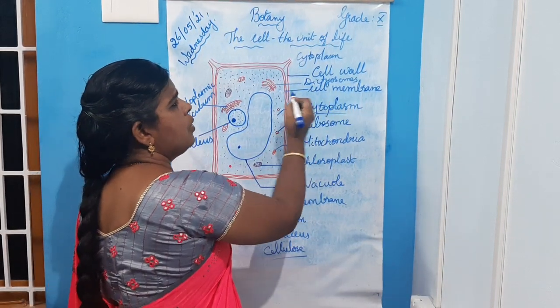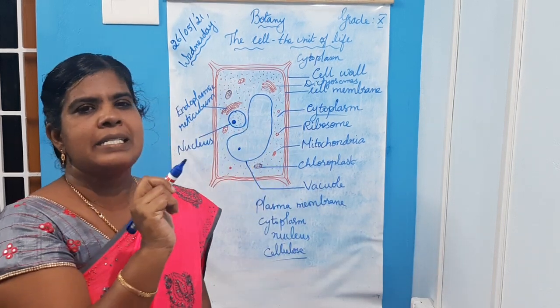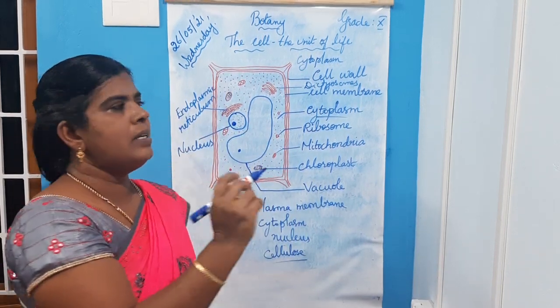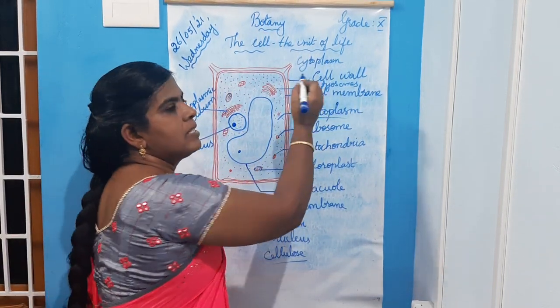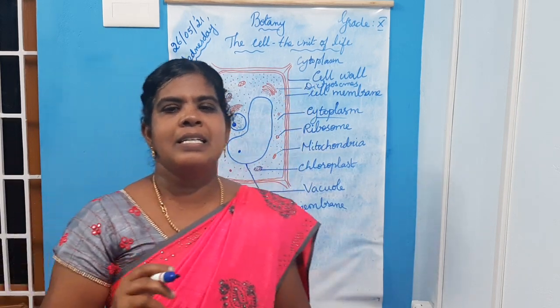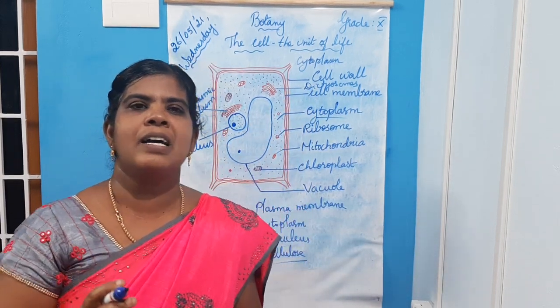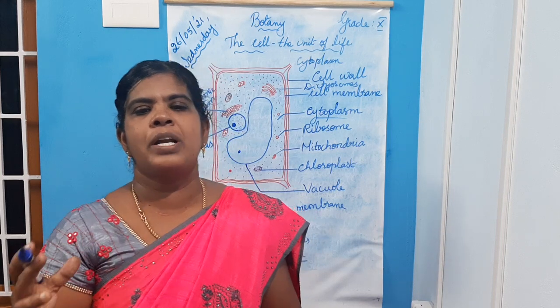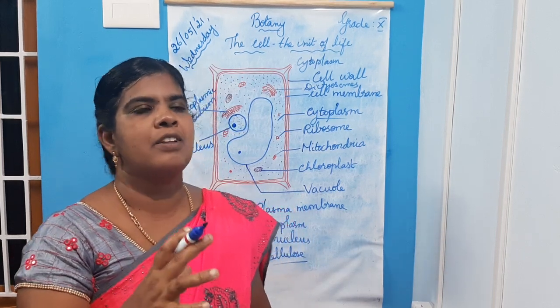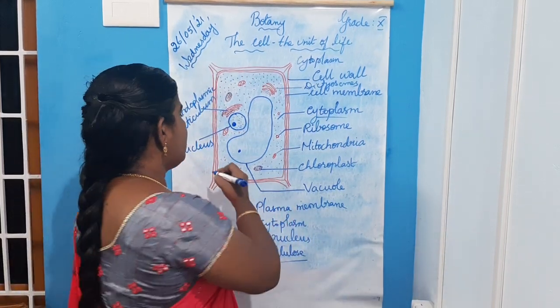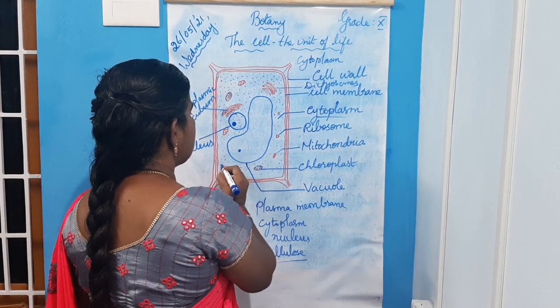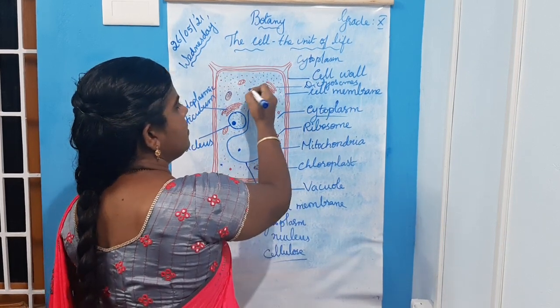Next, about the Golgi apparatus. In plant cells, the Golgi apparatus is called dictyosomes. These dictyosomes transport and store lipids and help in the formation of lysosomes.